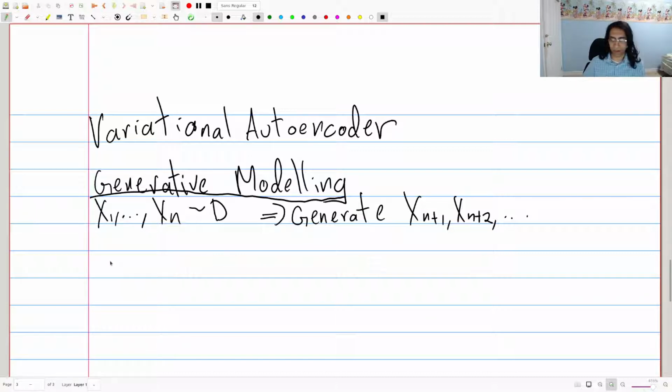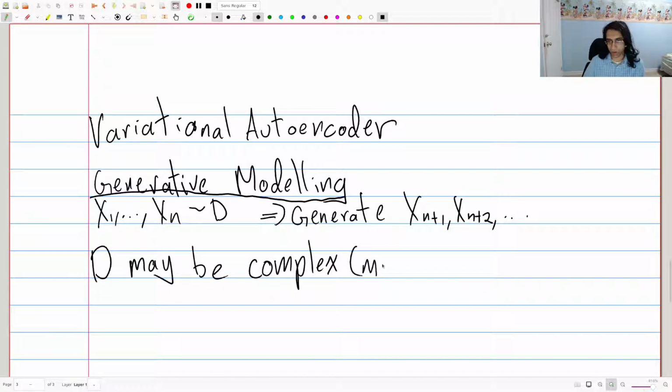So relatively speaking, a mixture of Gaussians is not that complicated or expressive a distribution. But generally, probability distributions can be much more complicated. So let me just say D may be complex, more so than a GMM, a Gaussian mixture model.